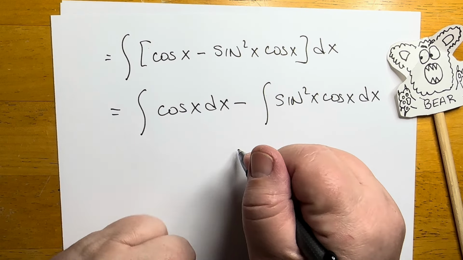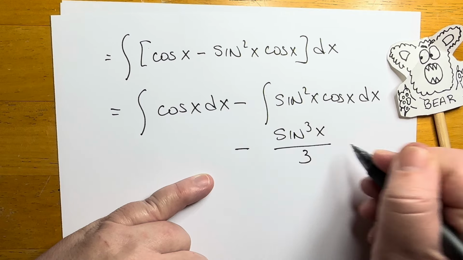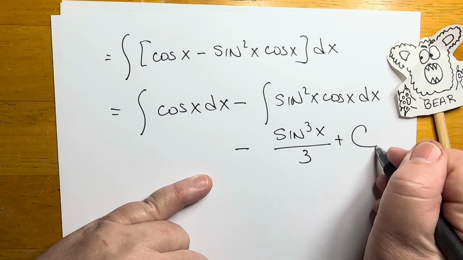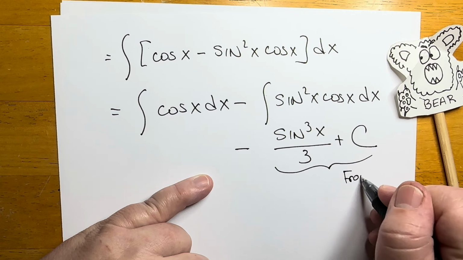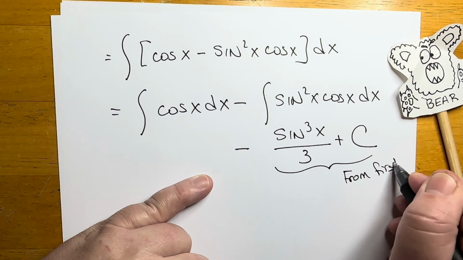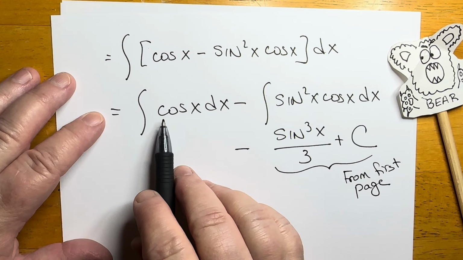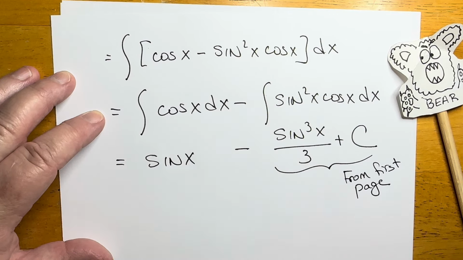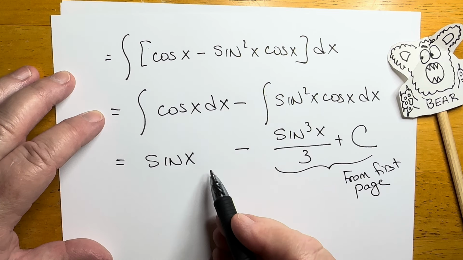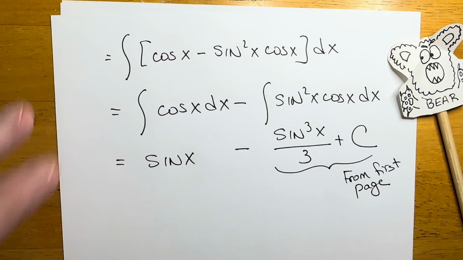So right here, this is sine cubed of x over 3 plus c. And this is from the first page. And then what's the integral of cosine? Well, that one's pretty straightforward because that's just sine. Now, I could put another c here, but I'm going to consider that I've taken care of the constant there.